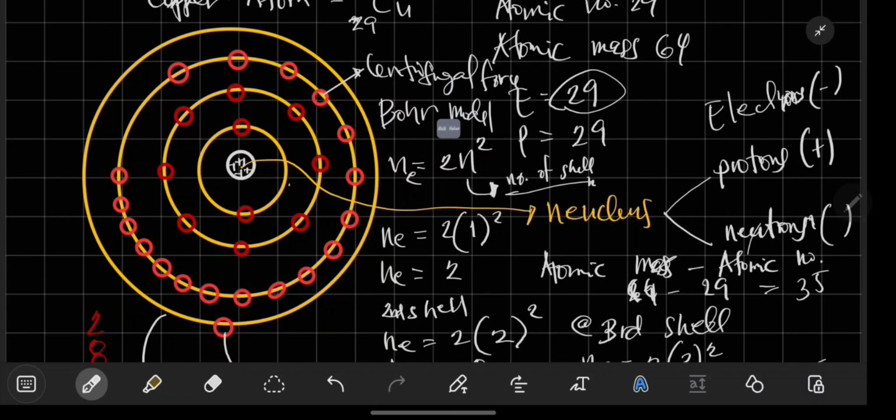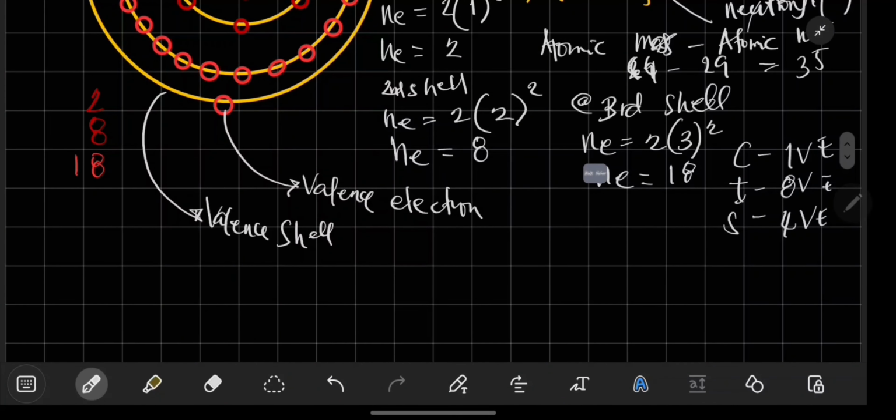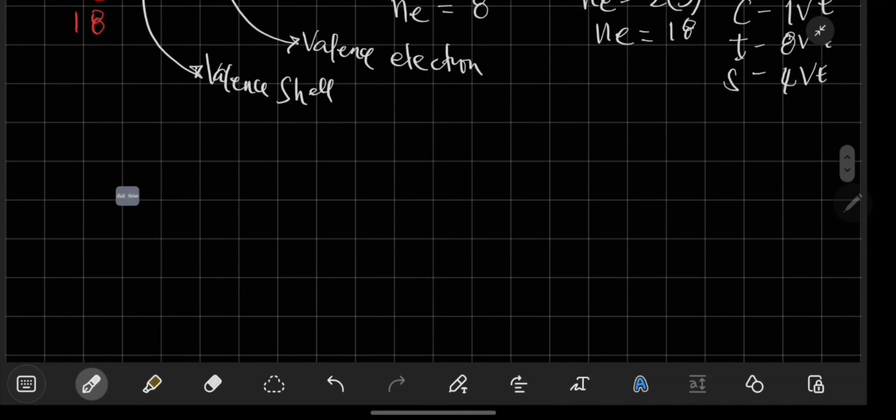Yung centrifugal force naman, the real example is if you are banking in a curved road, let's say for example, mayroong ito, sa baba, merong curve dyan, and then merong bus or jeep or simply a car.